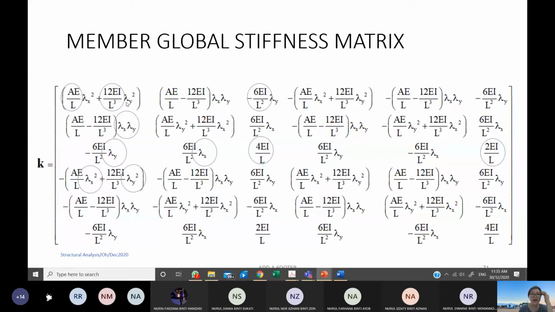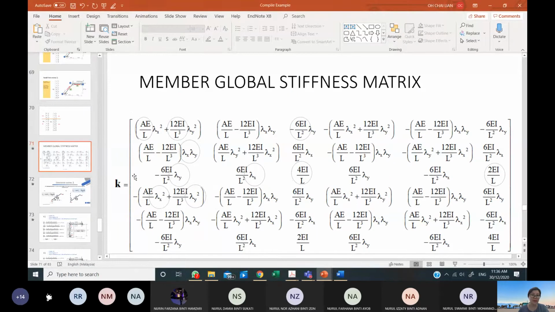So these are the elements that we want to determine first before putting into this template. It may take some time, but the process is very straightforward. No need to think, just substitute the value. So we are going to prepare for this.